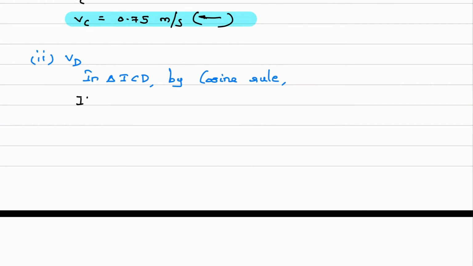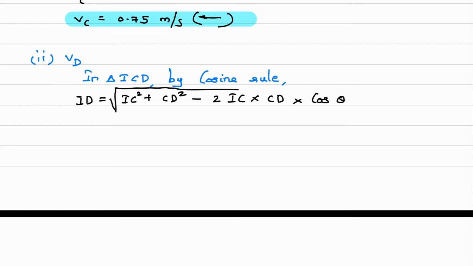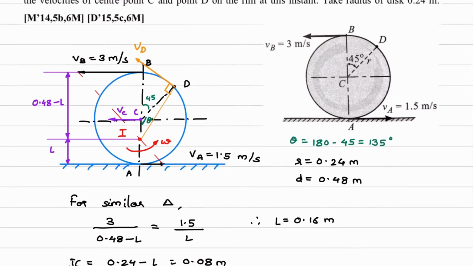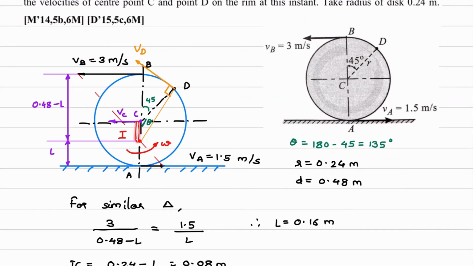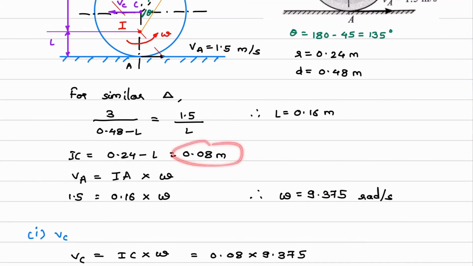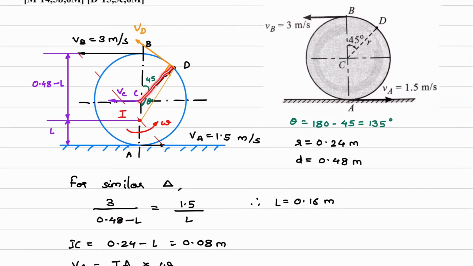ID is equal to IC square plus CD square minus 2 IC into CD into cos theta, whole under root. So substitute the values. IC value we have already found out, it is 0.08, and CD value will be the radius, which is 0.24.